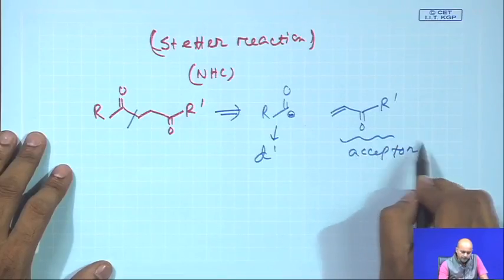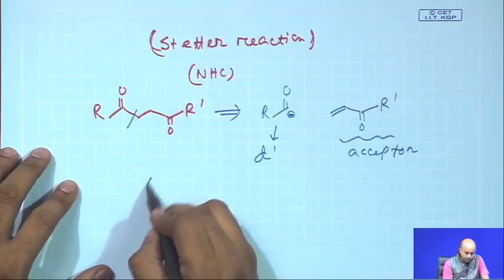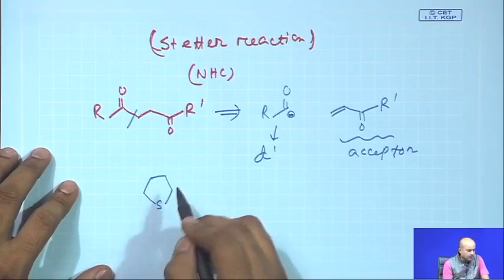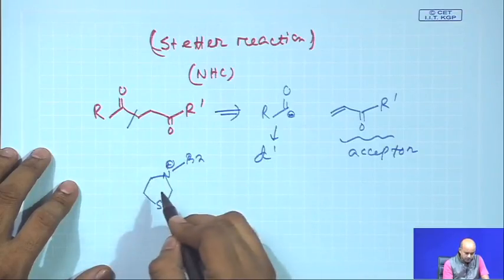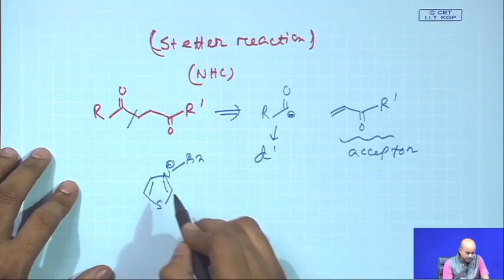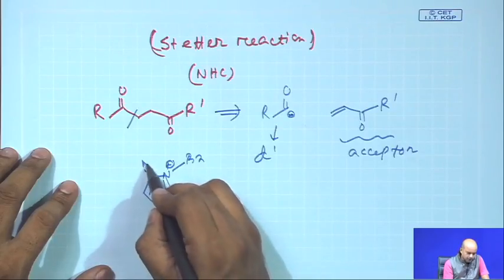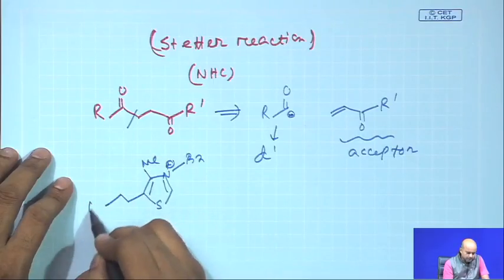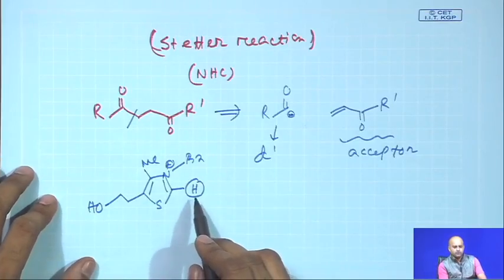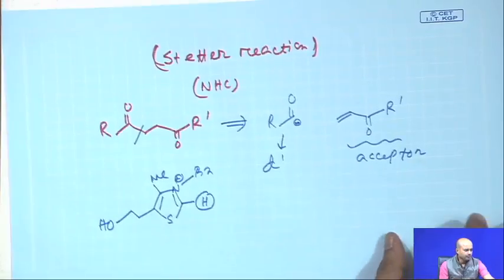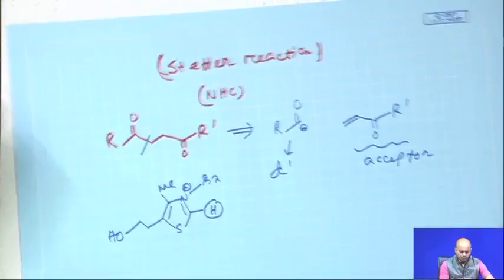This is in principle named the Stetter reaction, where you use the N-heterocyclic carbene, a standard N-heterocyclic carbene structure. I am now drawing it here. If you remember the mechanism of the benzoin condensation, it is a similar kind of mechanism, and this is one heterocyclic carbene where this particular hydrogen is the key factor for its activity. The Stetter reaction mechanism we are not going to discuss in detail; we already discussed the mechanism earlier.